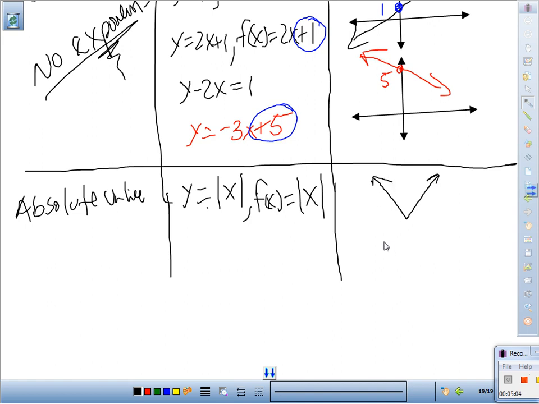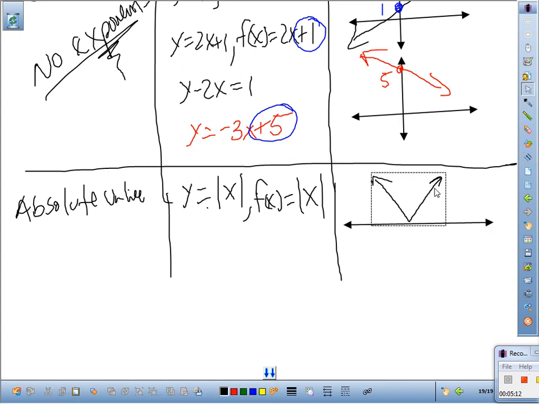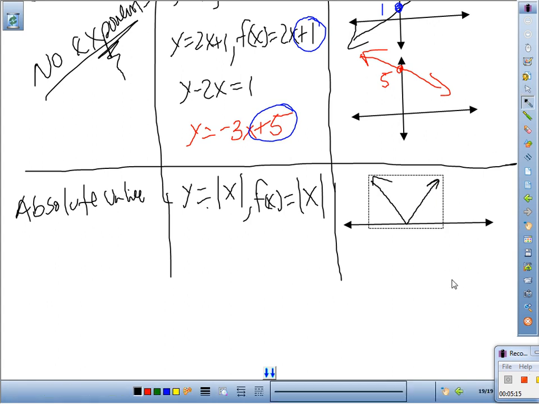Why, Mr. Q? Because if this was the x-axis right here, watch. If that's the x-axis, that means if I substitute negative 1 into the absolute value, what is the output? Positive 1 of y, which is right there, so there's my point.